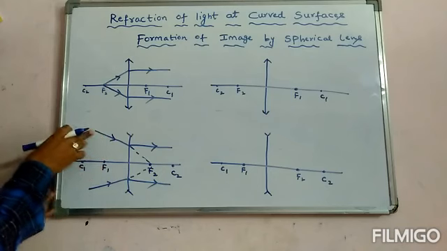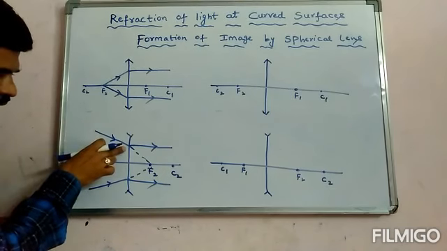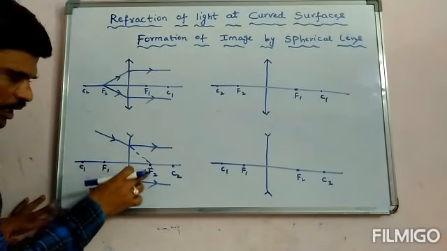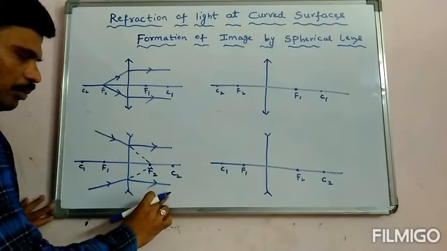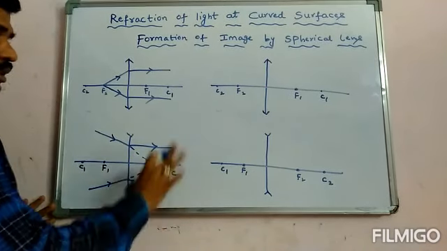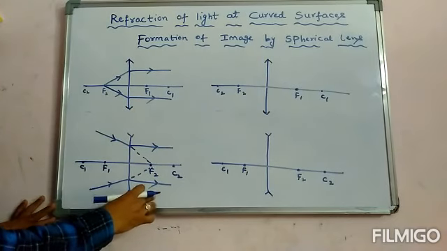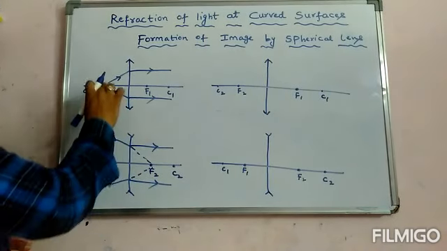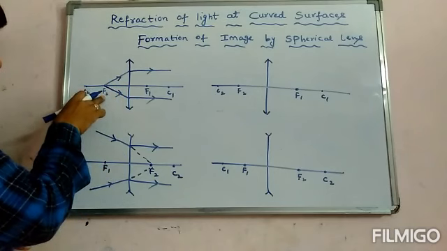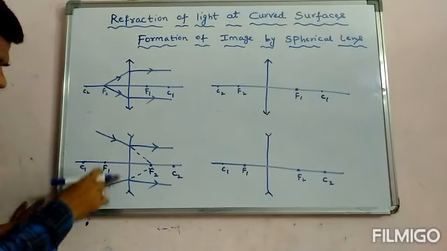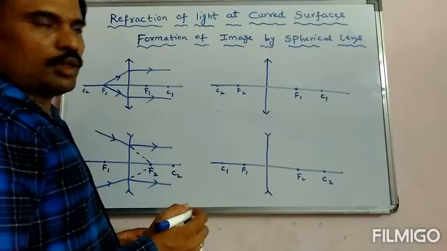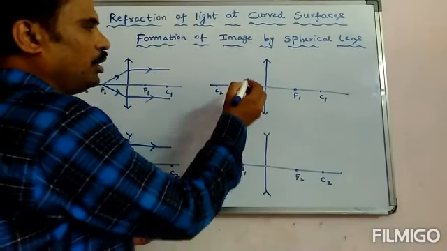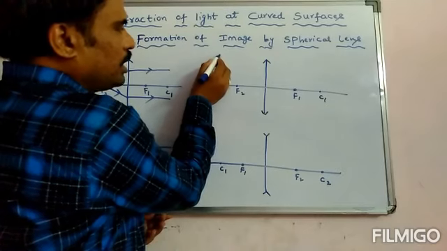Here you can see the rays are incident such that they appear to be passing through focus, but after refraction they will become parallel to principal axis. Right? Now in these cases you can see the rays are passing through focus and appear to be passing through focus. Now let us see another important rule. Now you can see the rays.